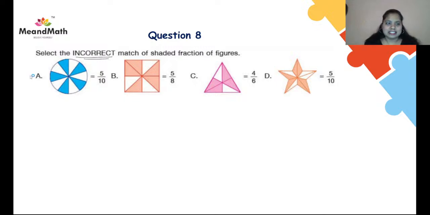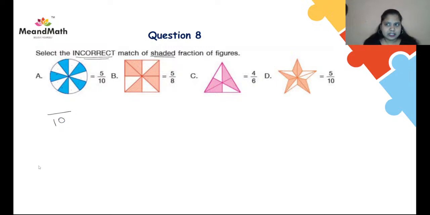Alright, so let us start with option A. First we have to count the total and then the shaded part, because it is a shaded fraction here. So we count 1, 2, 3, 4, 5, 6, 7, 8, 9, 10. So in the denominator place we'll have 10.